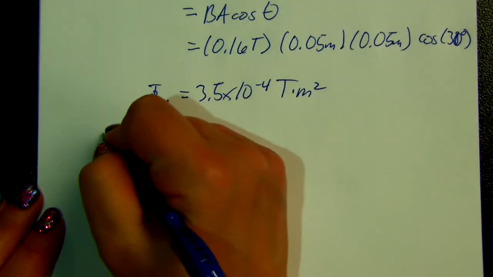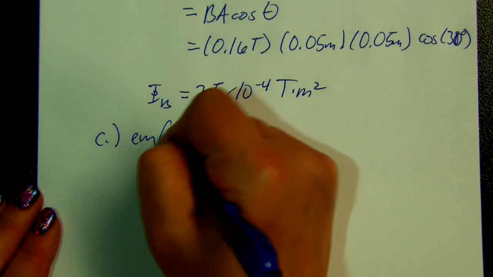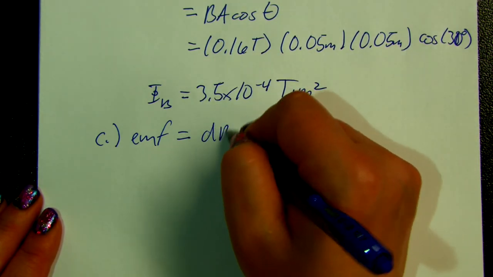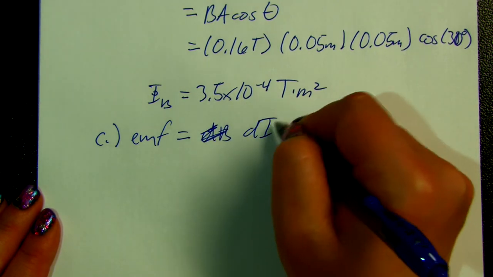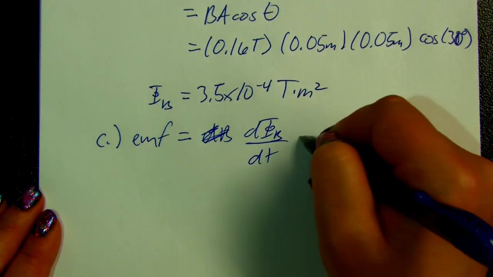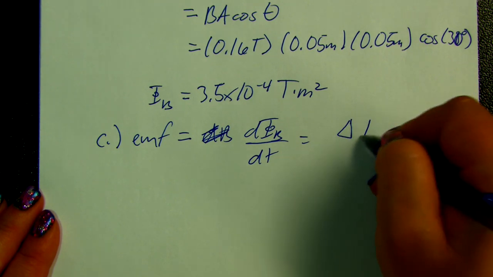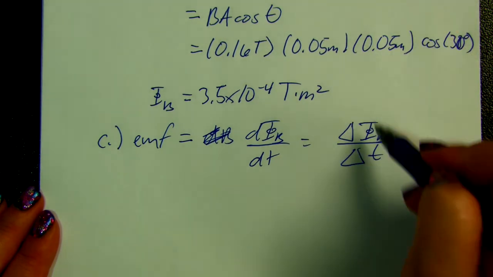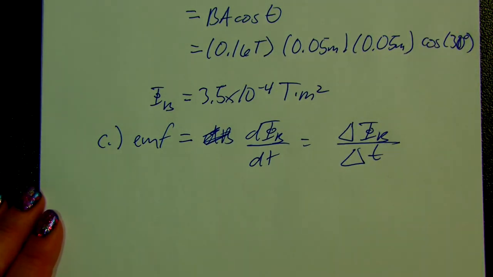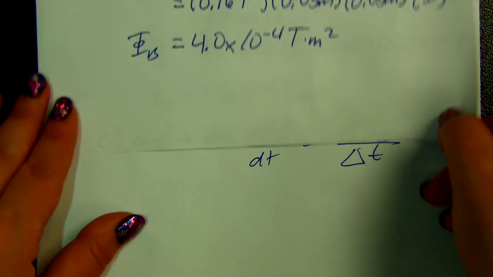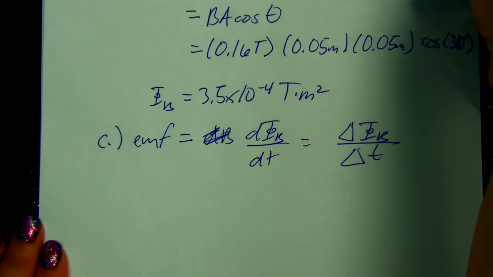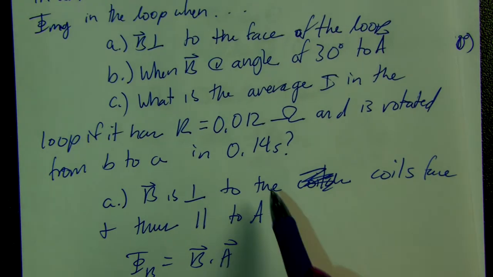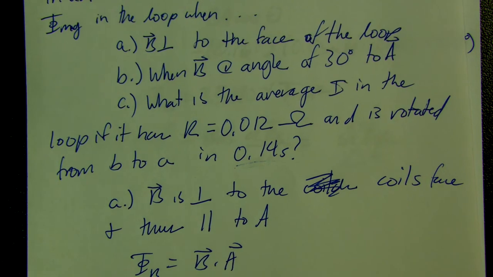Okay, so part C. EMF is equal to the change of magnetic flux with respect to time, which is the same thing as delta magnetic flux over delta t, and we have calculated two magnetic fluxes. Here is part A, here is part B, and we have been given a time in the problem: 0.14 seconds.